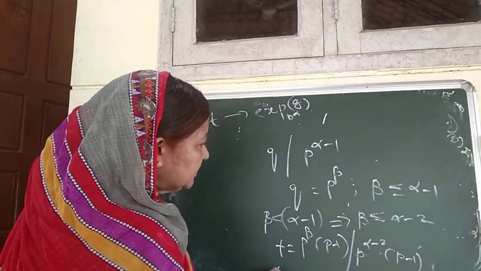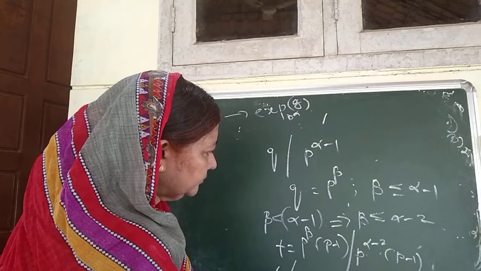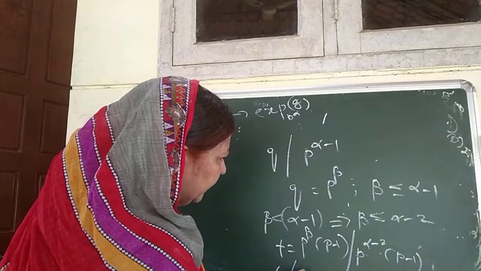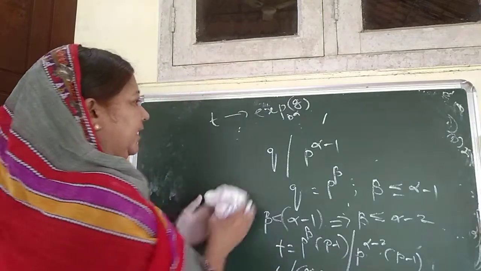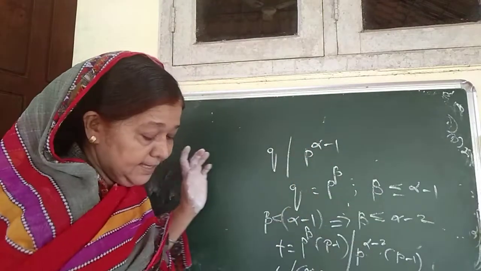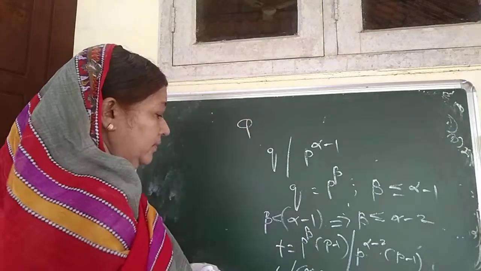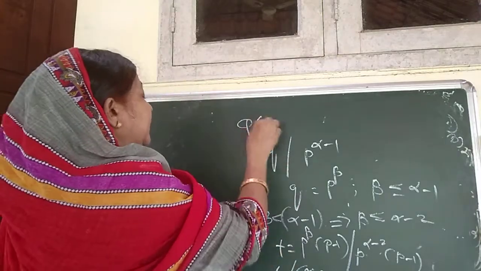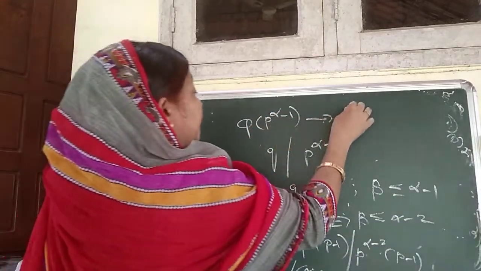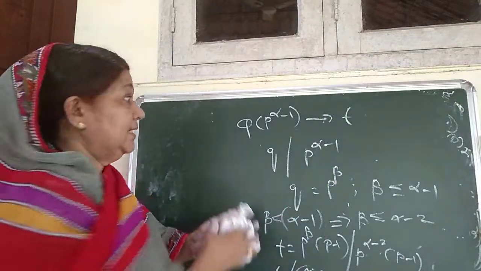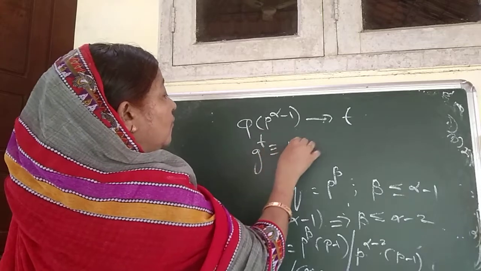That gives t divides p raised to alpha minus 2 into p minus 1, so phi of p raised to alpha minus 1 is a multiple of t.